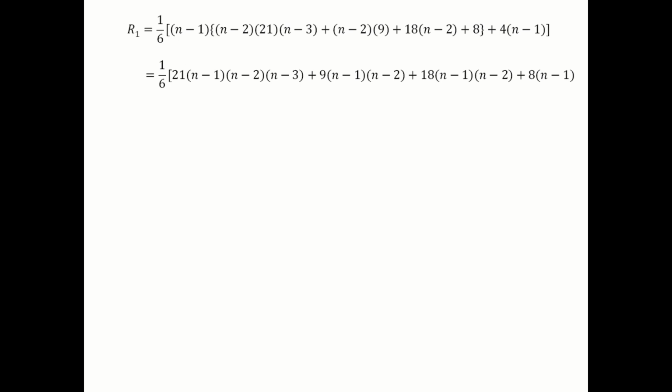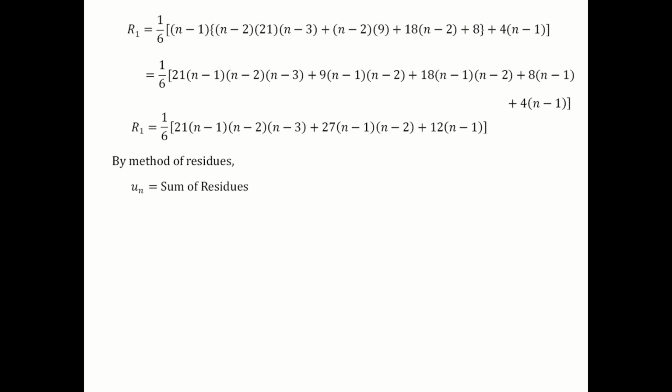That is equal to 1 by 6 [21 into (n minus 1) into (n minus 2) into (n minus 3), right, plus 9 into (n minus 1) into (n minus 2) plus 18 (n minus 1) into (n minus 2) plus 8 (n minus 1) plus 4 (n minus 1)]. Grouping, 1 by 6 [21 (n minus 1)(n minus 2)(n minus 3) plus 9 plus 18, right, 27 (n minus 1)(n minus 2), 4 plus 8, 12 (n minus 1)].